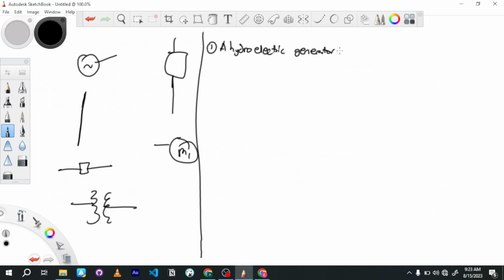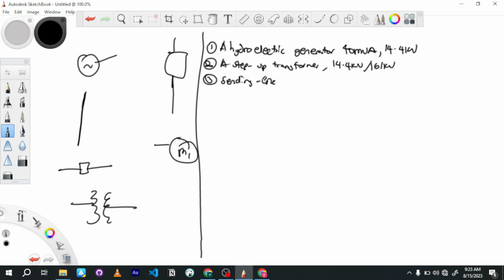The second one is a step-up transformer, which works at 14.4 kV slash 161 kV. The third one is a sending end high voltage bus at 161 kilovolts.